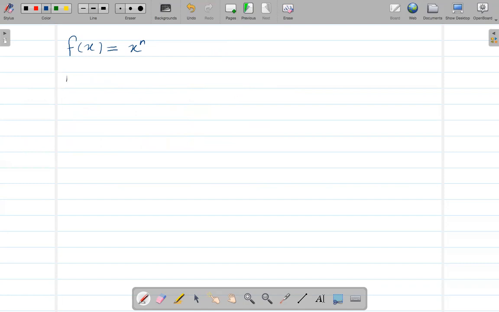The antiderivative of x to the power n, where n on the power is a number, is x to the power n plus 1.